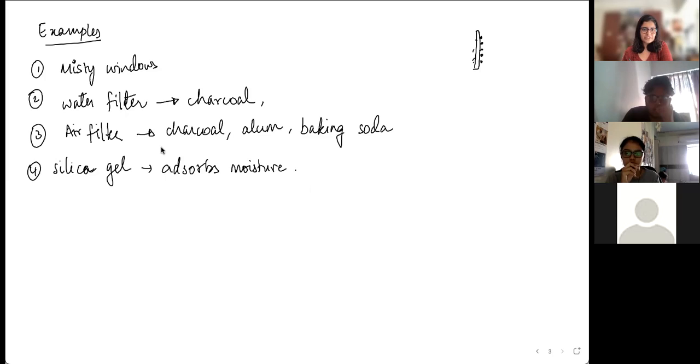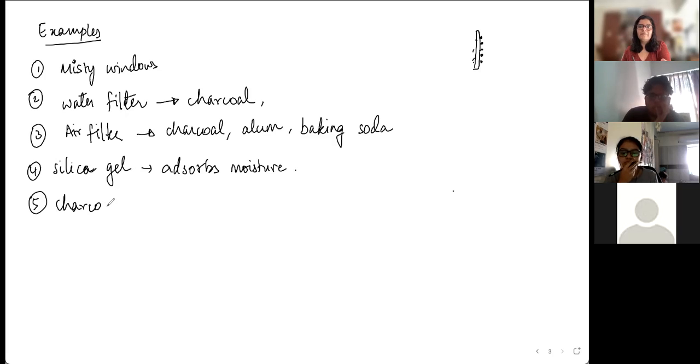Okay. And there are a few other applications also. Let me see what your textbook has given. When you want to remove the color, bleach is chemically permanently removing the color, but there are other ways of removing color. Charcoal is one. If you add charcoal to a solution of methylene blue or methyl orange or something like an organic dye, it absorbs all of the dye, and the solution becomes colorless.